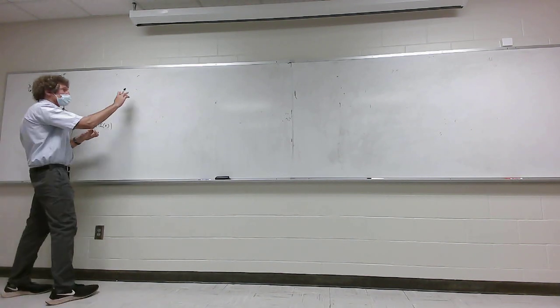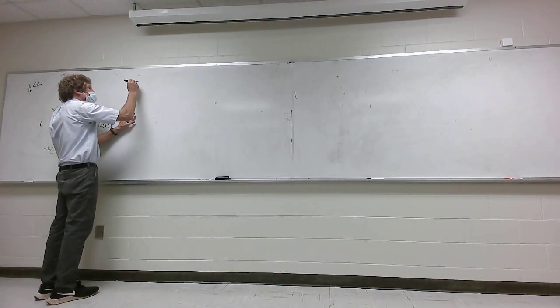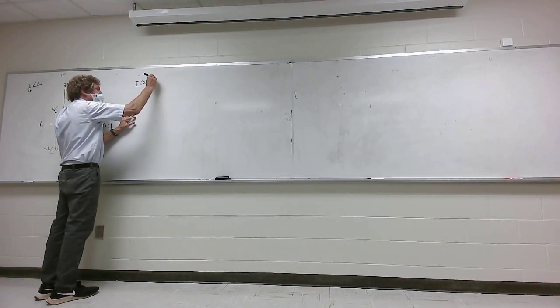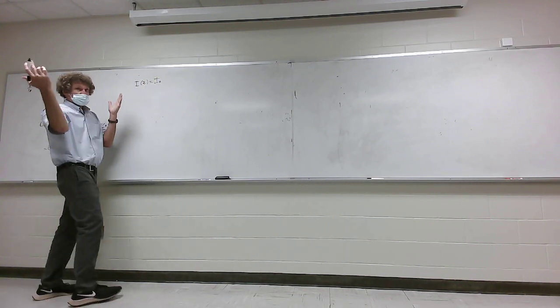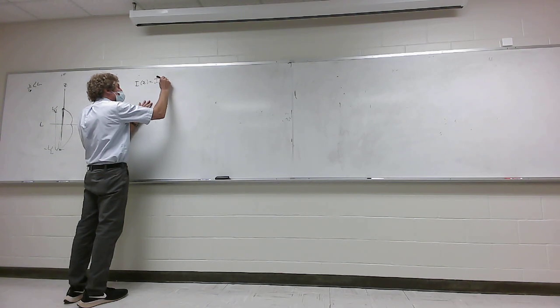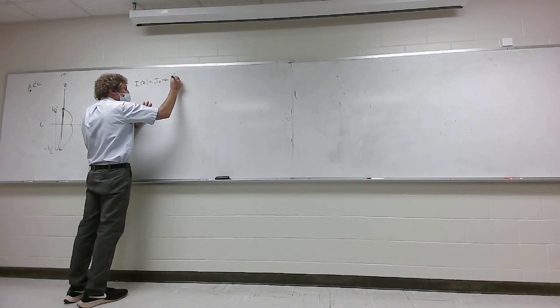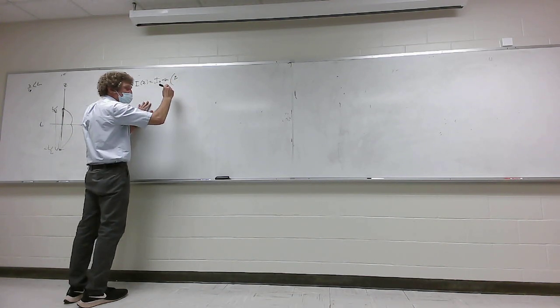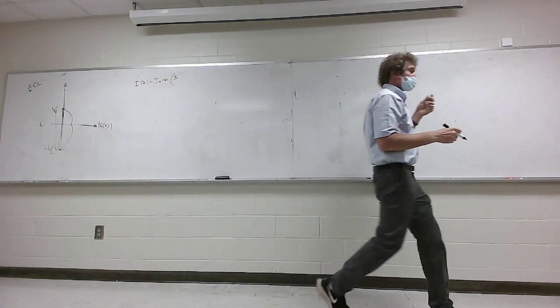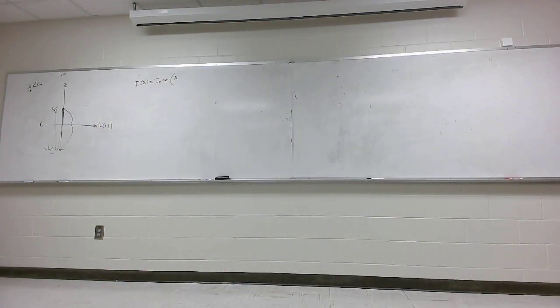And this current is given some value I naught, whatever that is. Then it will be times the sine. And here, the way he does this is beta. I don't know if he has a 2 in his book or not. It's going to be L or Z minus 1/2, but I gotta just make sure.